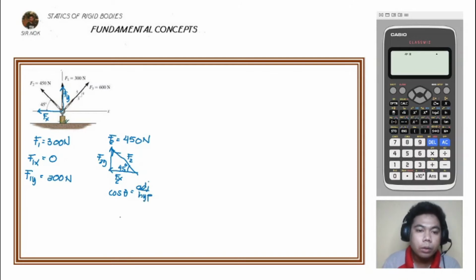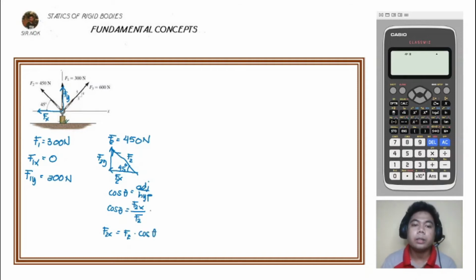So cosine theta is equal to F2x over hypotenuse F2. So cross multiply. So F2x is equal to F2 times cosine theta. Then substitute F2.